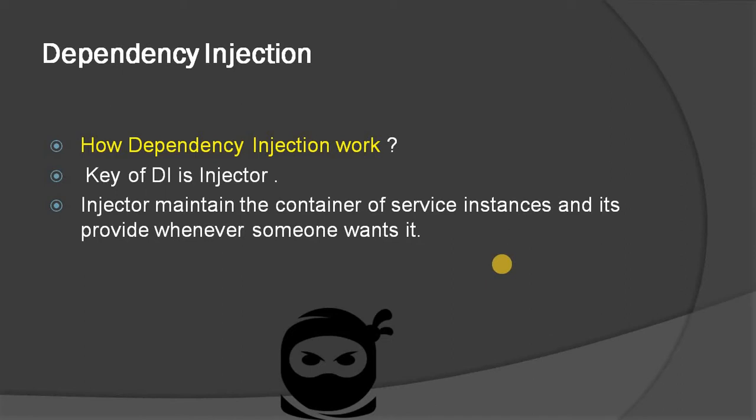So the main question is how dependency injection works. The key of dependency injection is the injector. So what is the injector? The injector maintains the container of service instances. Whenever required, it provides that instance. Let's understand this by using the diagram.